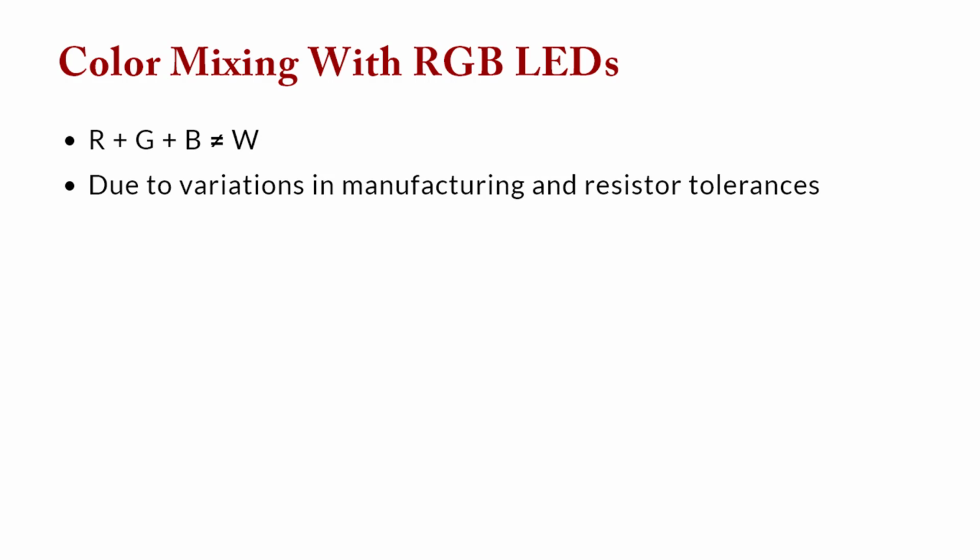They work fine, but they're not made to specific tolerances and very detailed processes to make sure each one matches, and each resistor matches. So red, green, and blue do not actually make white. For our purposes in this class, it doesn't really matter, but I'm just pointing this out.